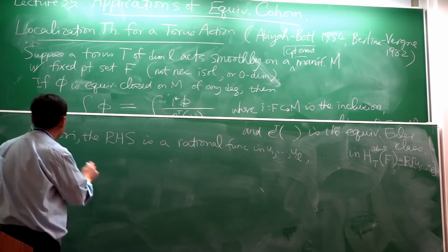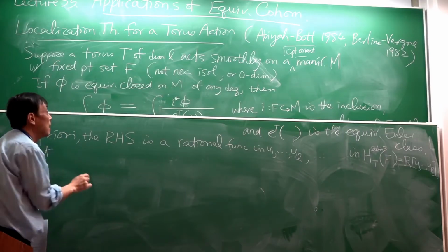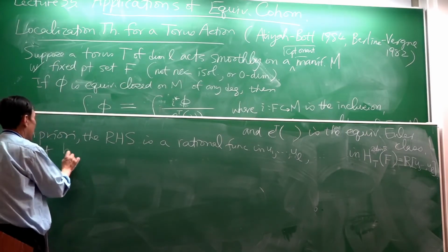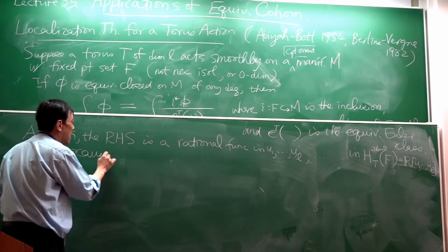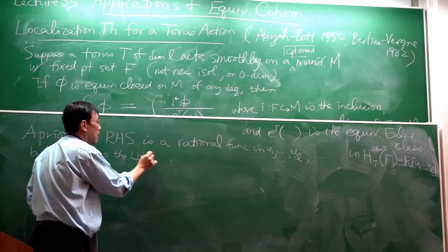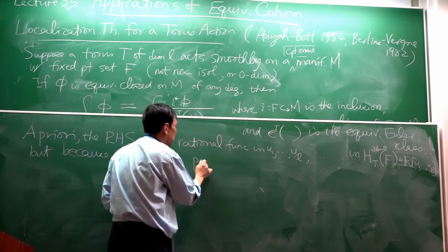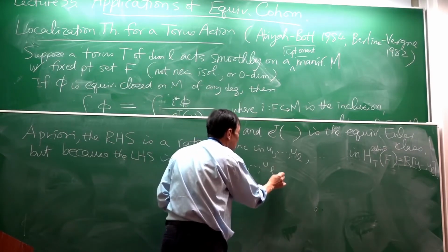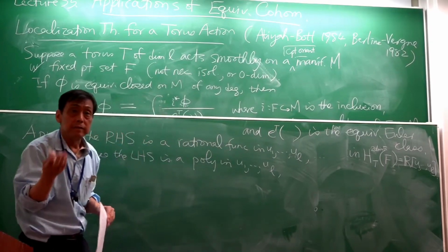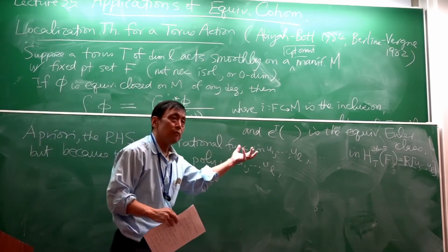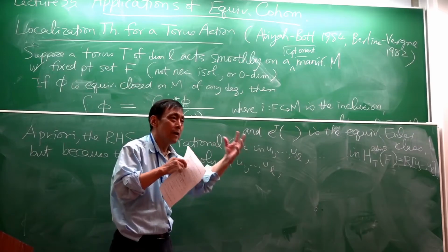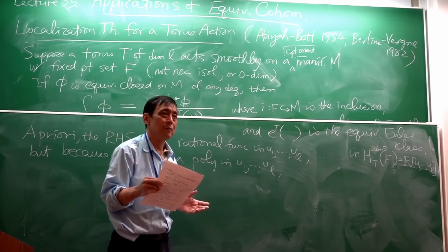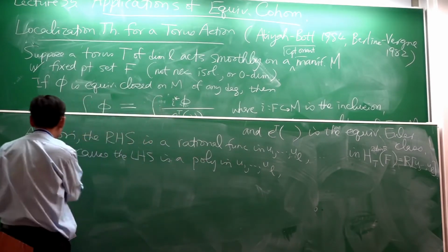But because the left-hand side is a polynomial in u1 to uL, the theorem says that the rational function has to simplify to a polynomial. Okay?